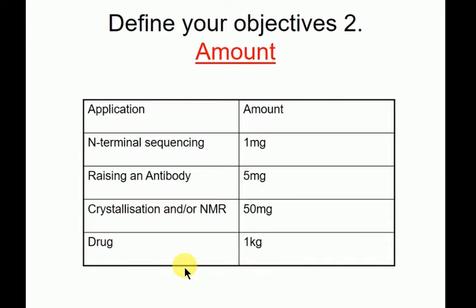So, depending on the amount you want, again, coming back to N-terminal sequencing, you need somewhere between 0.1 and 1 mgs. Raising an antibody, depending on the antibody generation procedure, how many animals you would inject, how much antibody you want at the end, that would determine how much you start with there.